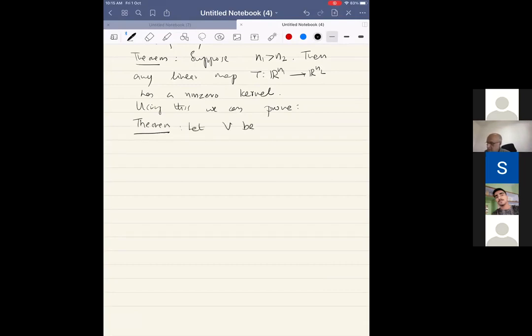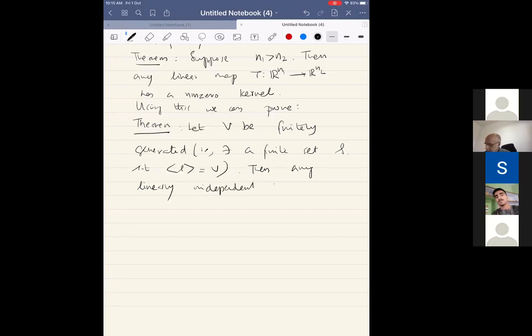Let V be finitely generated, i.e., there exists a finite set S such that span of S is V. Then any linearly independent set has at most as many elements as in S. Elements in V, sorry.